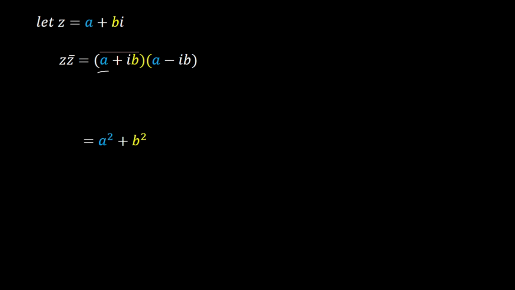Exactly. By multiplying, you just multiply the a and b. That's how it happened. Okay, I know you're asking yourself what's actually happening here. How did we come out with this? By simplifying, you are going to have a squared minus abi plus abi, and minus i squared b squared.